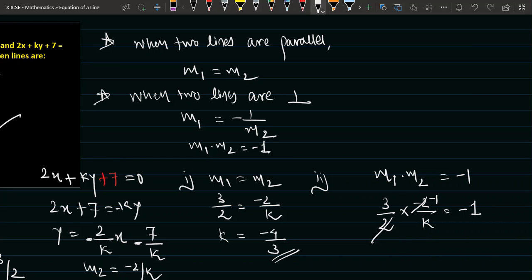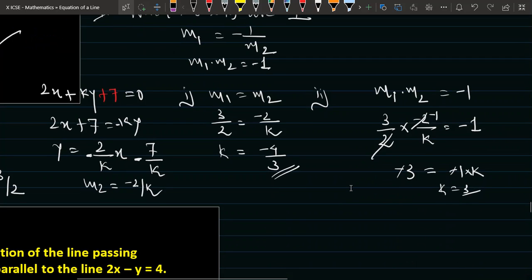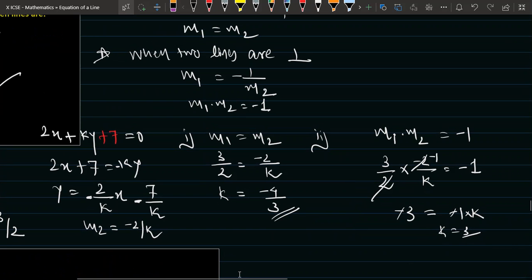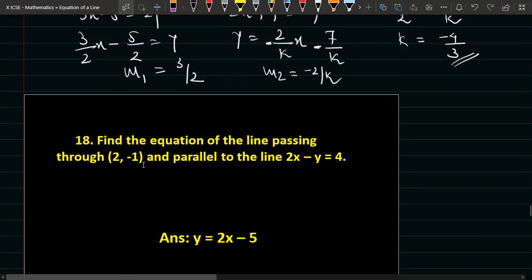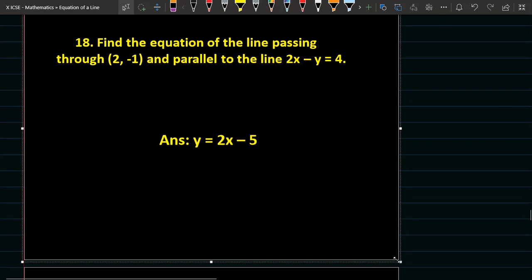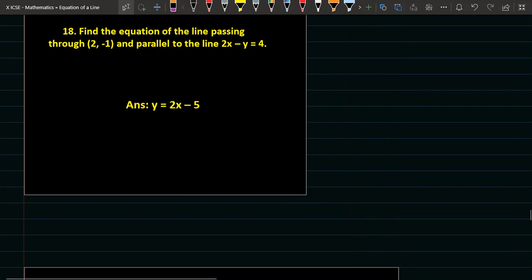So 3 into minus 1 is minus 3 is equal to minus 1 times k. Minus minus cancels and k is equal to 3. So when the lines are perpendicular, the value of k is 3. When the lines are parallel, the value of k is minus 4 by 3. Easy? Next, find the equation of the line passing through 2 comma minus 1 and parallel to this line.